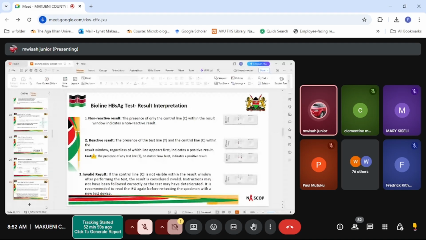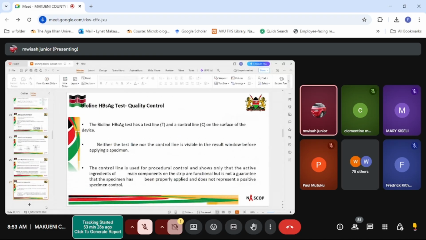Caution: the presence of any test line T, no matter how faint, indicates a positive result. Invalid result: if the control line C is not visible within the result window after performing the test, the result is considered invalid. Instructions may not have been followed correctly or the test may have deteriorated. It is recommended to read the IFU again before retesting the specimen with a new test device.